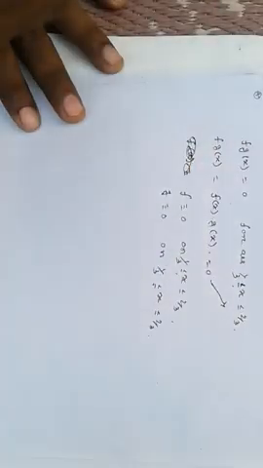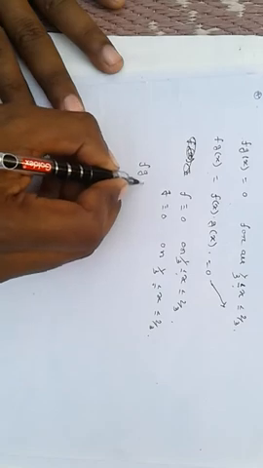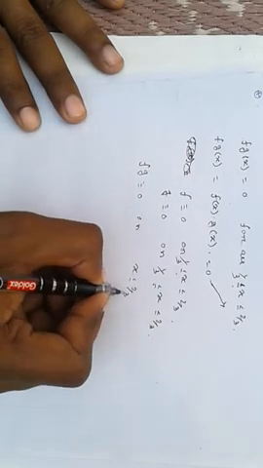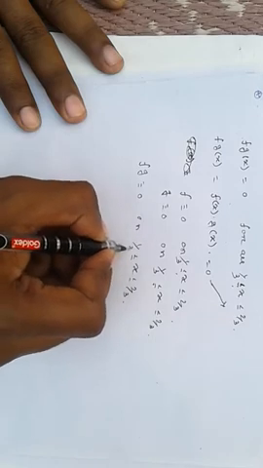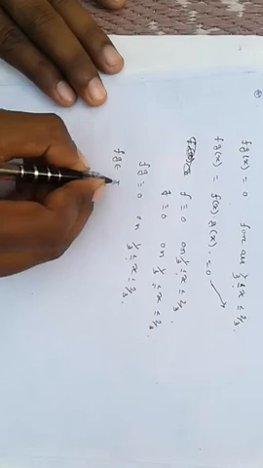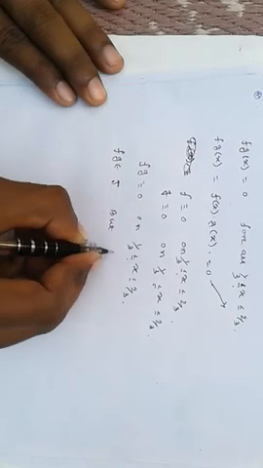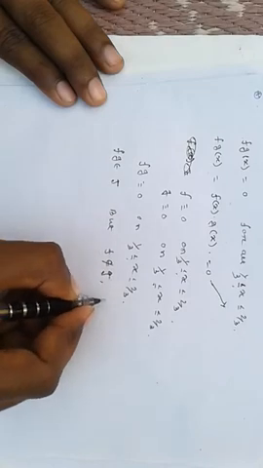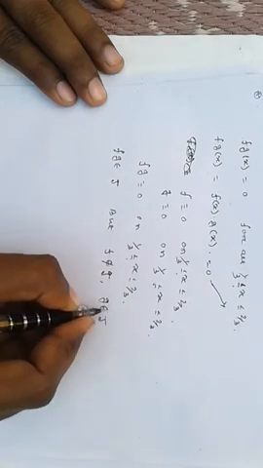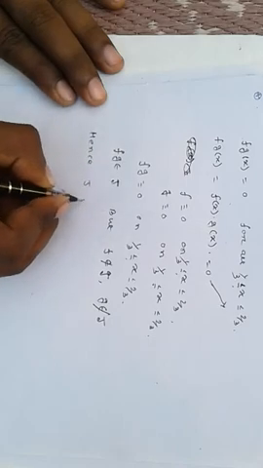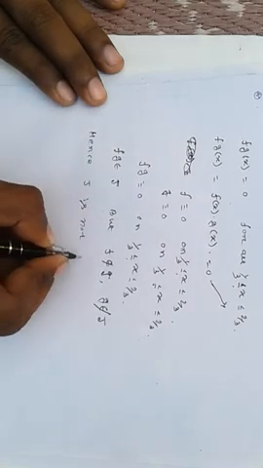But fg is identically 0 on the interval. So therefore fg belongs to J, but f does not belong to J, and g does not belong to J. So hence J is not prime.